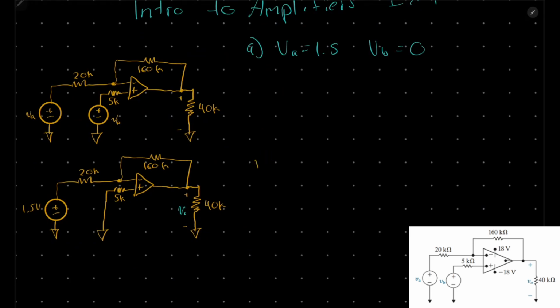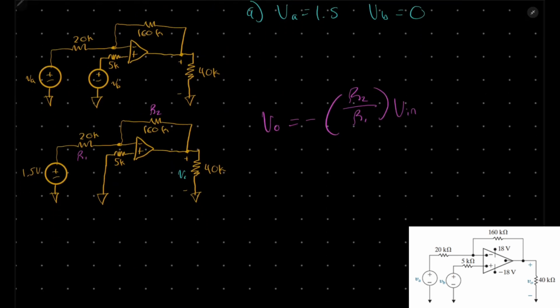V out equals negative R2, or RF, actually, we'll just name this R2, over R1 times V in. And right here, I will label our resistors. This resistor right here is going to be R2, and this is going to be R1.